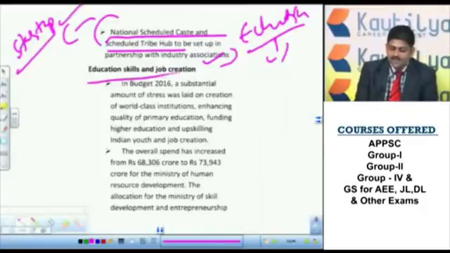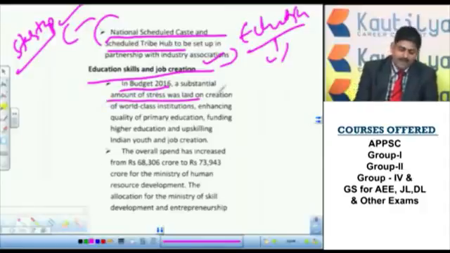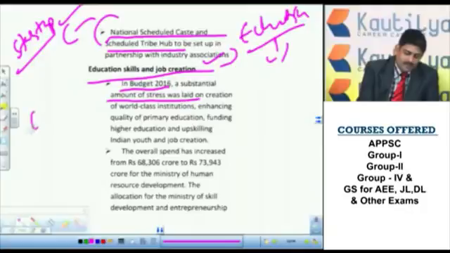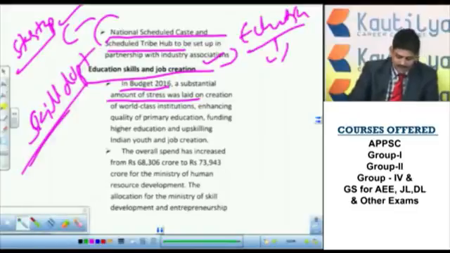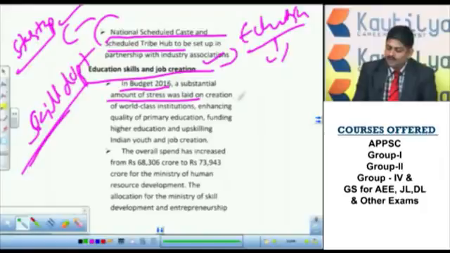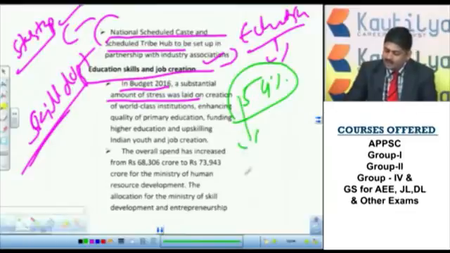Now if we see education, skills and job creation, another component out of the 9, in 2016 a good amount was allocated for this. Mainly this time they focused on skill development. The complaint of the industries is about our future youth: 54% of India's total population is under or around 25 years.